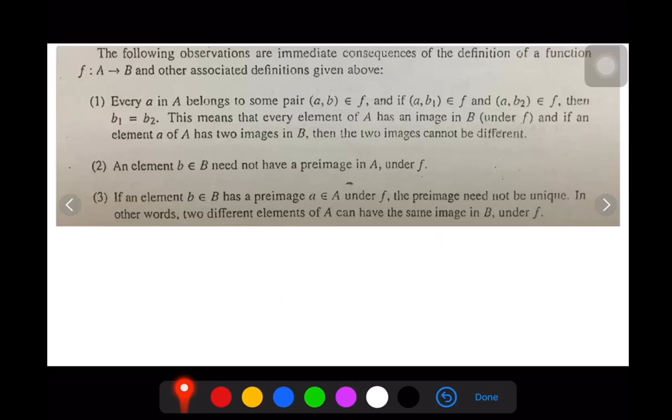The following observations are consequences of the definition of a function from A to B and other associated definitions. You can also understand the definitions along with this.